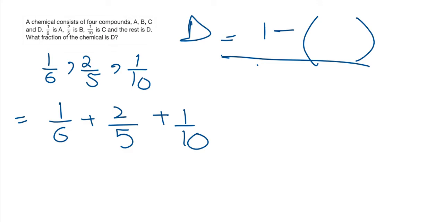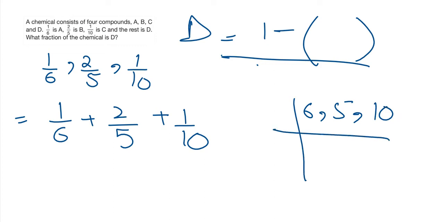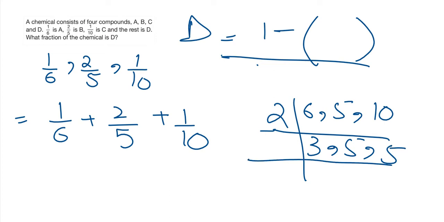So we have to work out the value of the LCM over here. First of all, we look for the smallest value, that is 2. And then you can see that we don't have any more factors that can be divided by 2.